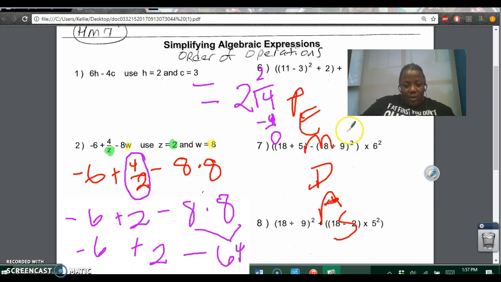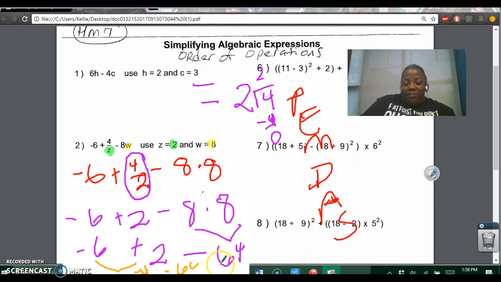Okay, there's no more multiplication or division. You have adding, subtracting. Do it in the order that you see it. I have -6 plus 2. You can use a calculator. That's going to give you -4. And now I have -4, bring this down, minus 64. -4 minus 64.